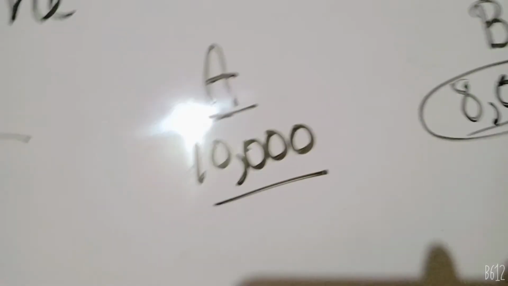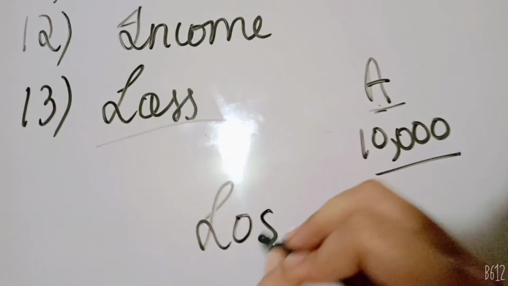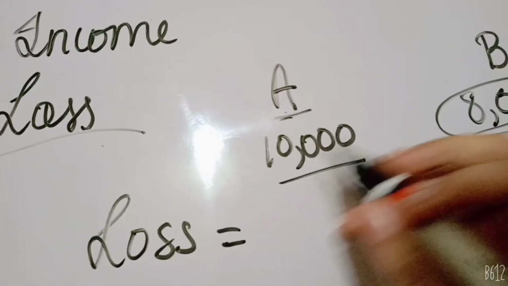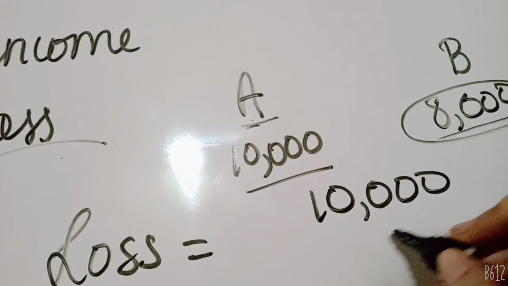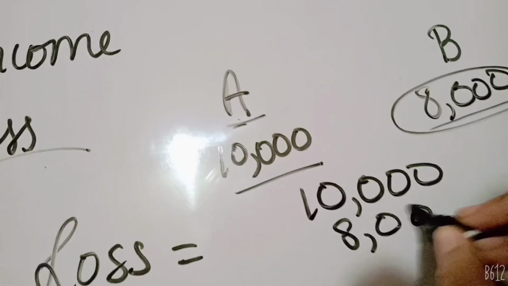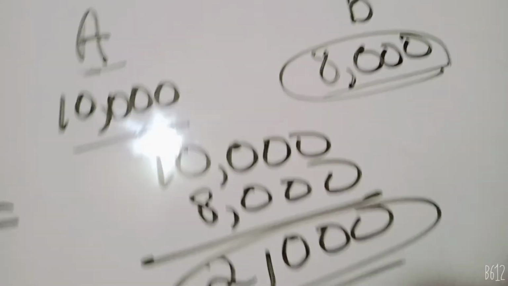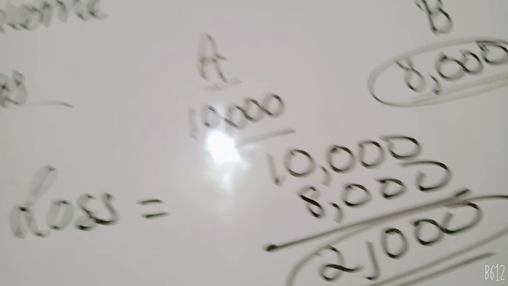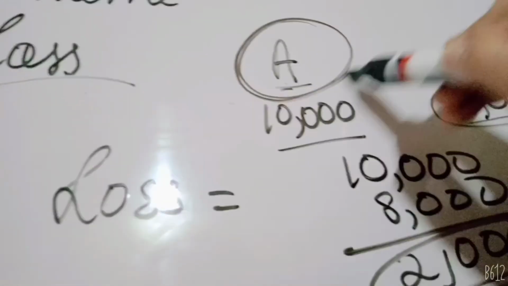Let's calculate it. Loss equals 10,000 minus 8,000. So basically the loss will be 2,000, which is incurred by enterprise A.